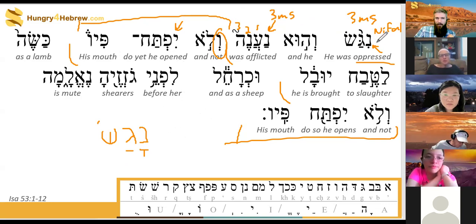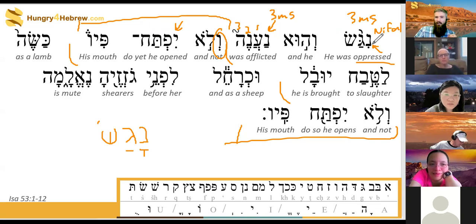because we could read this as something like he has been oppressed and he has been afflicted, and yet he will not open his mouth, right? And then all of a sudden it sounds prophetic.